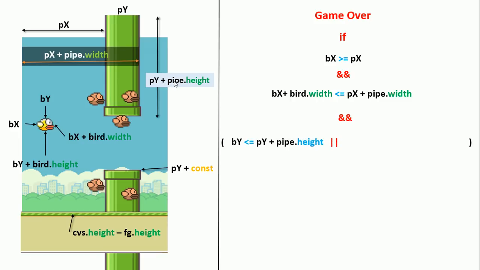Or, for example, in this case, if the bird y plus bird height is greater than the pipe y plus the constant. And the last one, we will say or, if the bird y plus the bird.height is greater than the canvas.height minus the foreground.height.